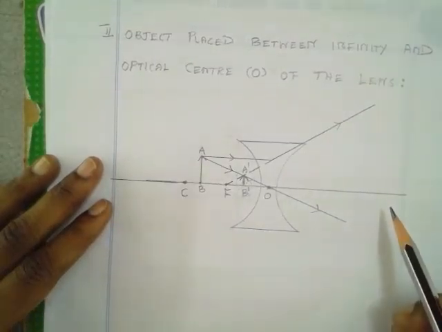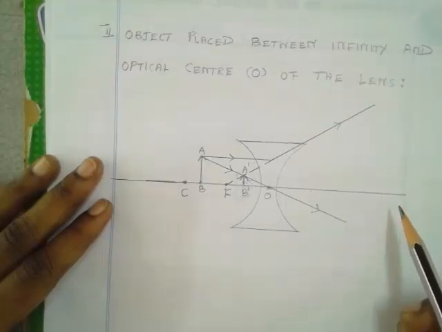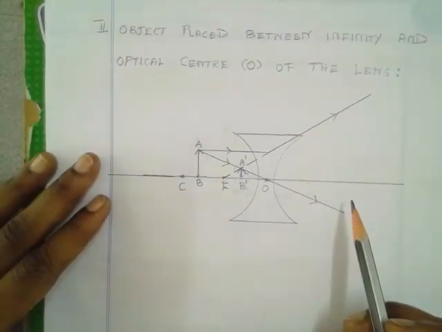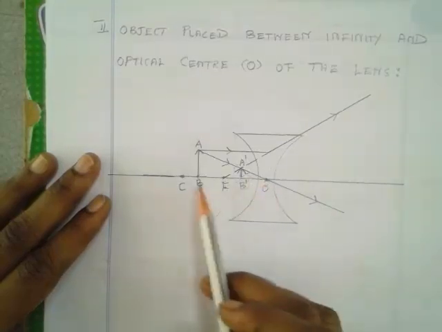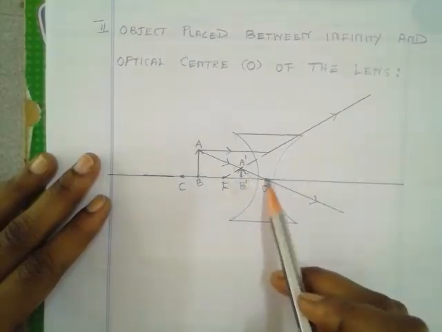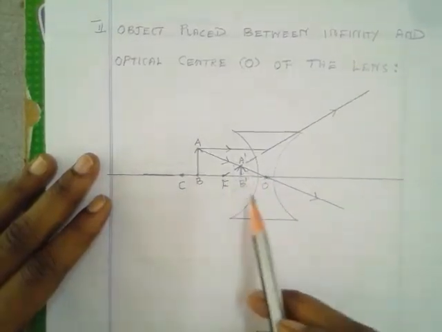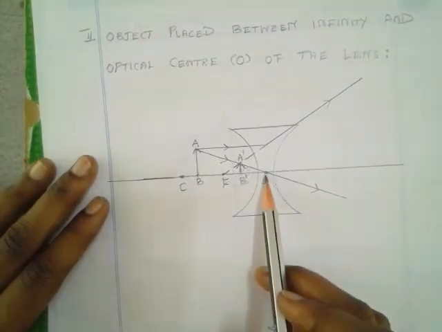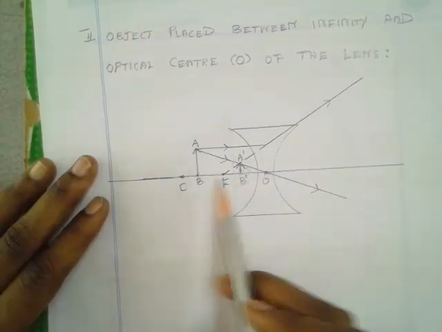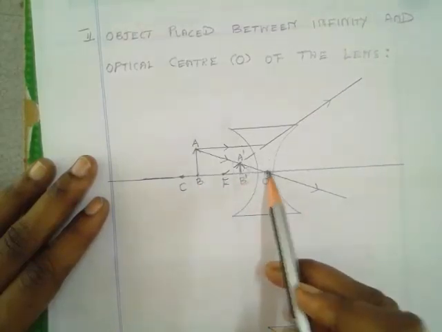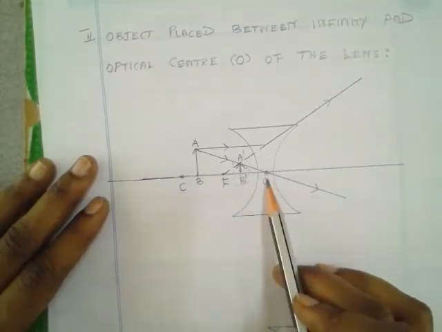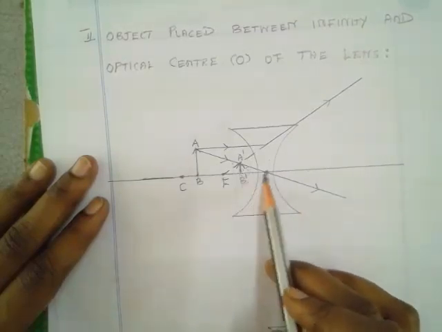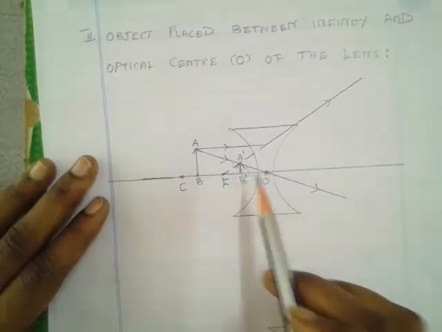All the distances are measured from the optical center of the lens. Already I told that all the measurements originate from the optical center. The distance of the object means from here to the optical center, and the distance of the image means from the optical center to the image.